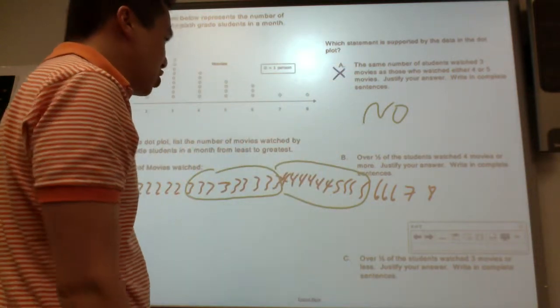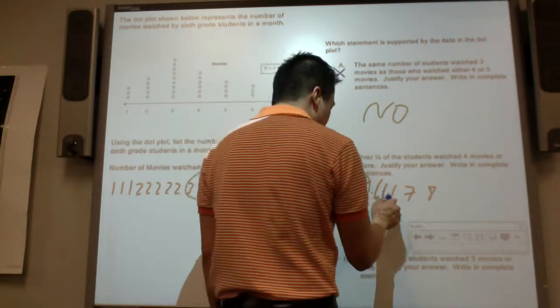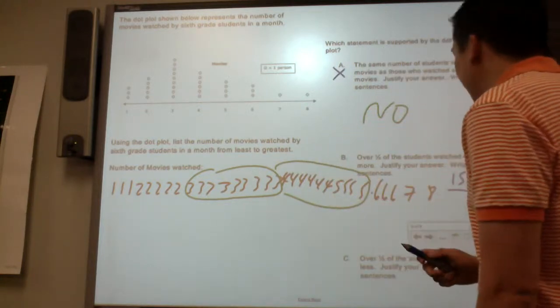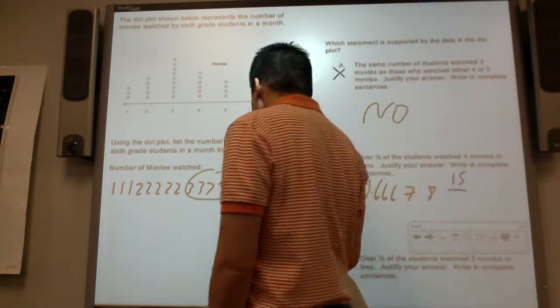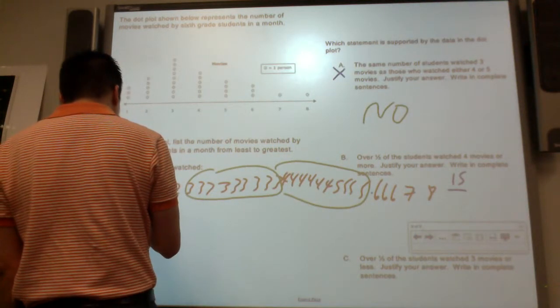Over half of the students watched 4 movies or more. That's 10, 11, 12, 13, 14, 15. That's 15 students who watched 4 or more movies. Out of how many though? I'm curious. 16, 17, 18, up to 32.